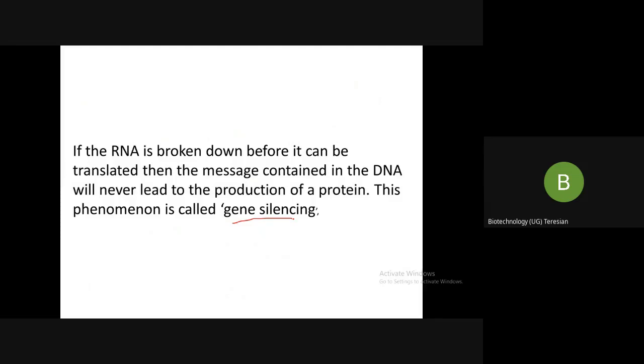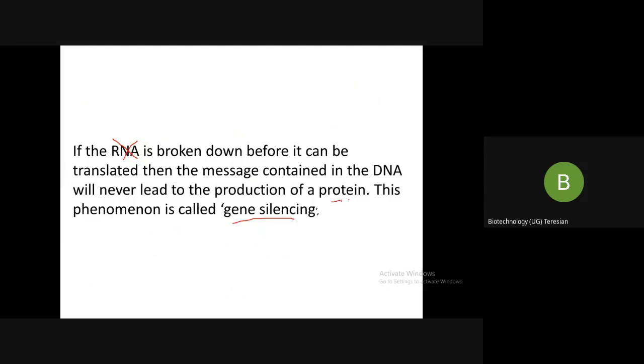What they mean to tell is, this is an RNA virus, we know that. So the RNA virus, what happens? It will get translated to form a protein. But the message will never lead to the production of the protein if the RNA is destroyed. So when you are destroying the RNA, where is the question of the formation of the protein?